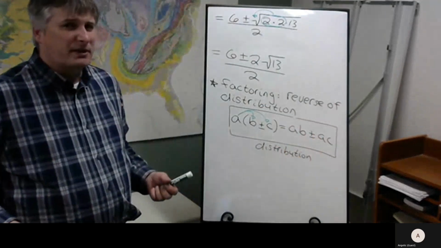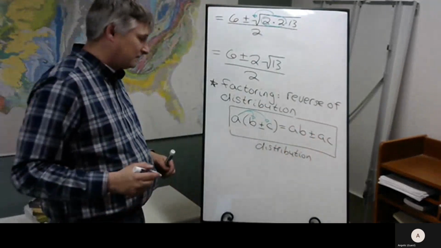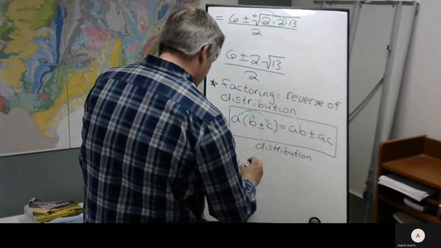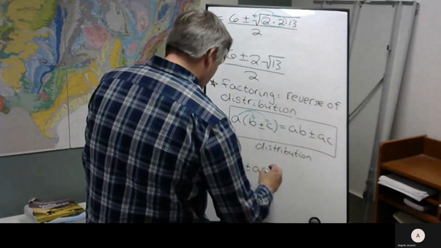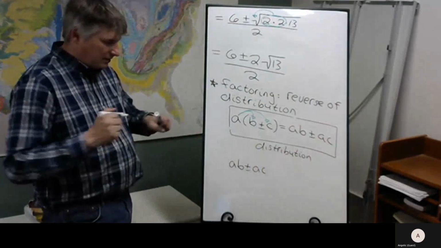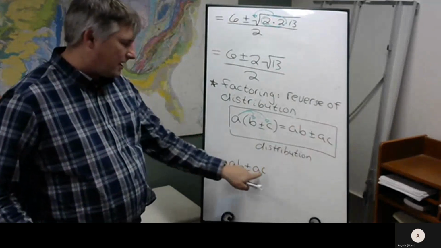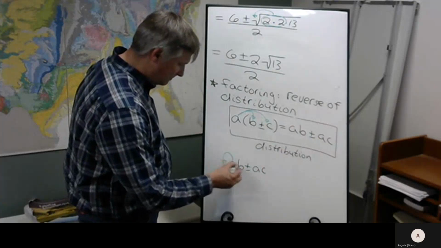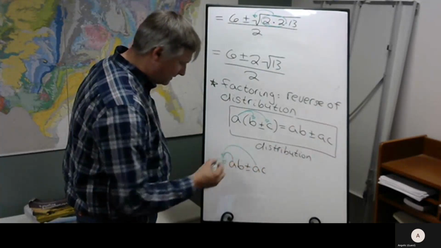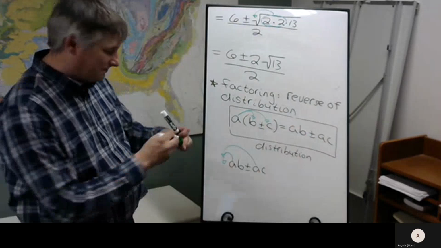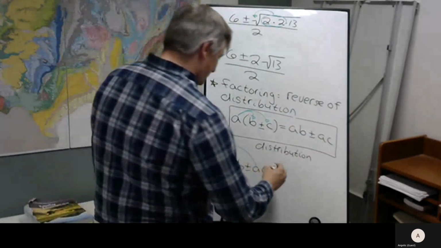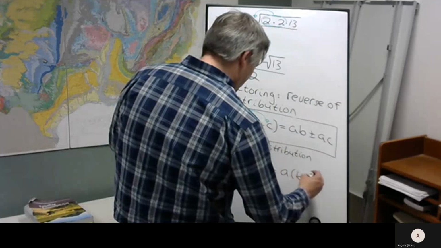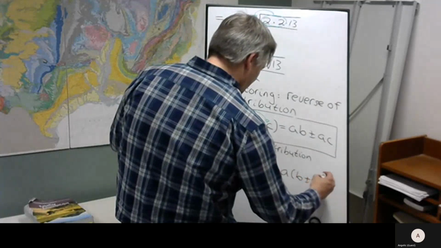Now, we want to do something else. We want to factor. So factoring is going to be this. If we see something multiplied to each term, we're going to pull that out. And so we get a times b plus or minus c.